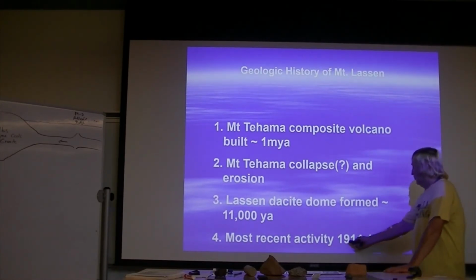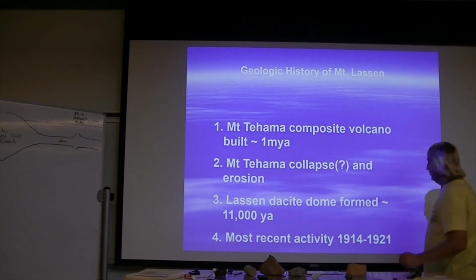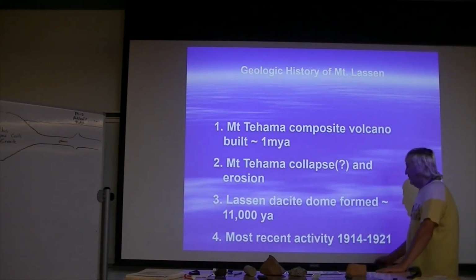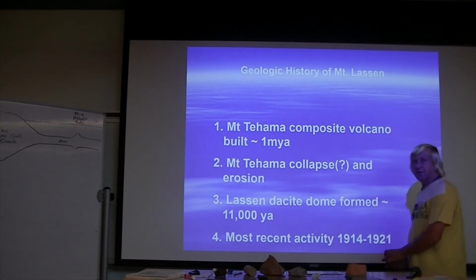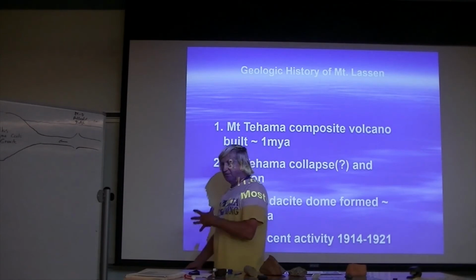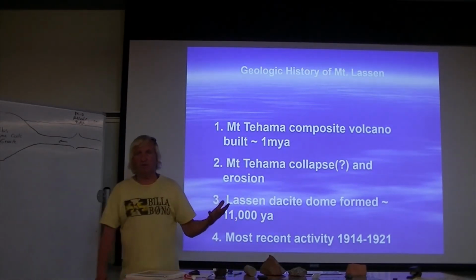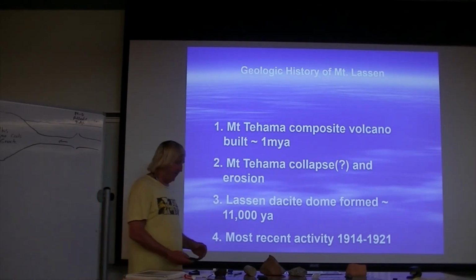And then they had some eruptions where the volcano literally blew itself apart between 1914 and 1921. After 1921, Mount Lassen basically stopped activity and there was no volcanic activity. So from 1921 until May of 1980, the Pacific Northwest was without any volcanic eruptions whatsoever. And then Mount St. Helens erupted in 1980.